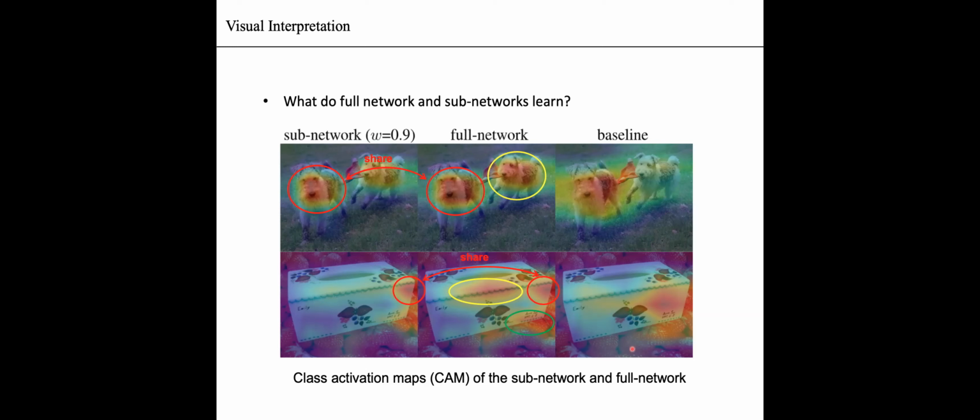And we're using this class activation map to visualize the attention the network has been paying to. So the class activation map, basically, if you make a prediction, this is a dog, it is able to tell how much contribution each pixel contributes to this decision.